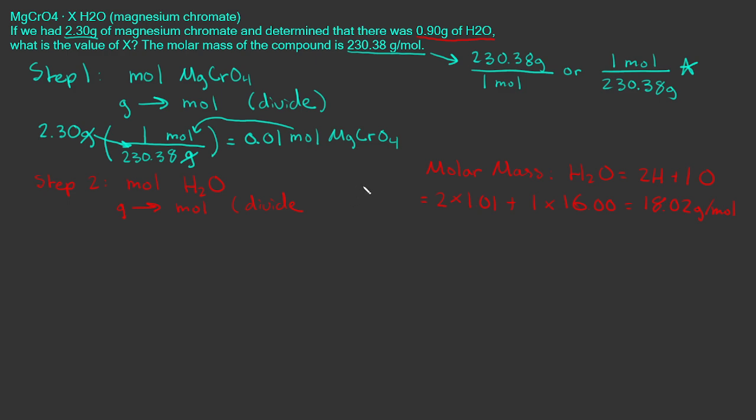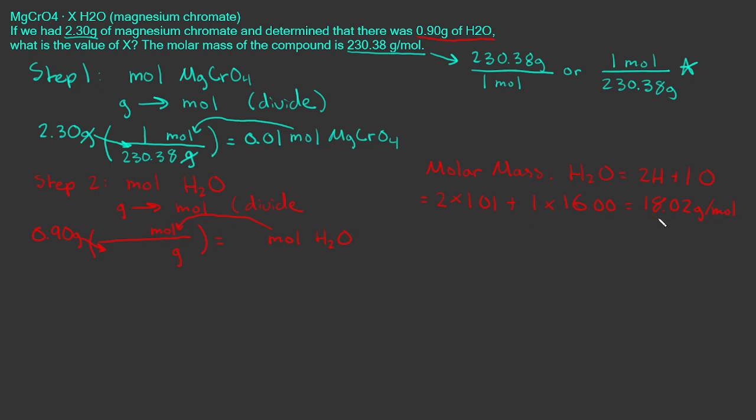Remember, this could be written two different ways, and it depends on what we have to do here. We have 0.90 grams of H2O, right? That's the given information. We're trying to go from that to moles of H2O. Once again, we use a ratio. Grams is what we want at the bottom, and moles is the unit we want on top.